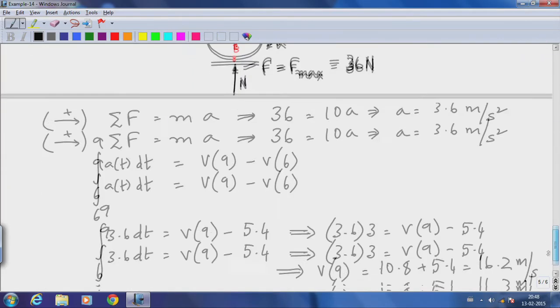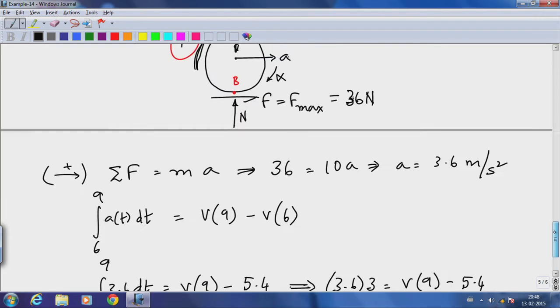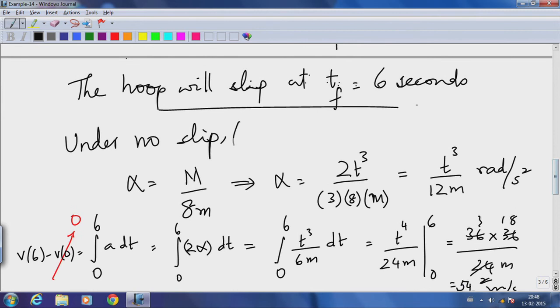So, let us go back and quickly recap here. We encountered two separate situations for the duration from 0 to 6 seconds. The hoop was rolling under no slip. So, this is like you are at a traffic light, your engine exerts a torque on the shaft, and that torque itself, let us say, was time varying, with m of t being 2t cubed over 3.